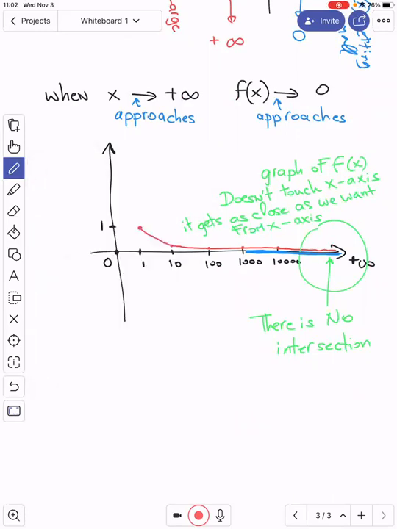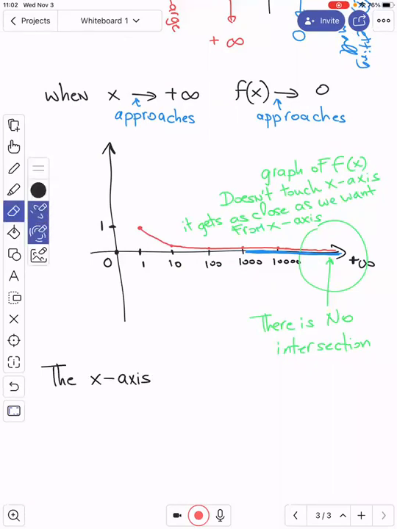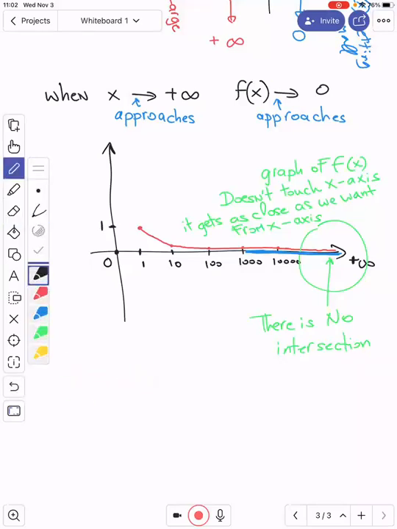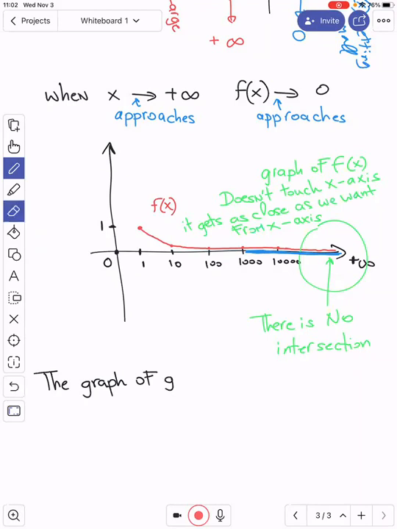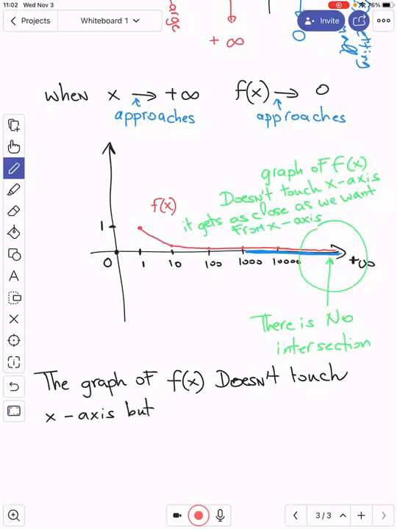So the graph of f, this is my f of x, of course, doesn't touch the x-axis, but as I said, it gets as close as we want to the x-axis.